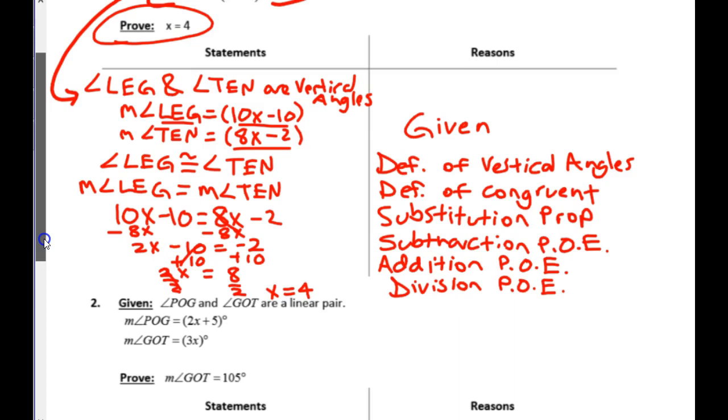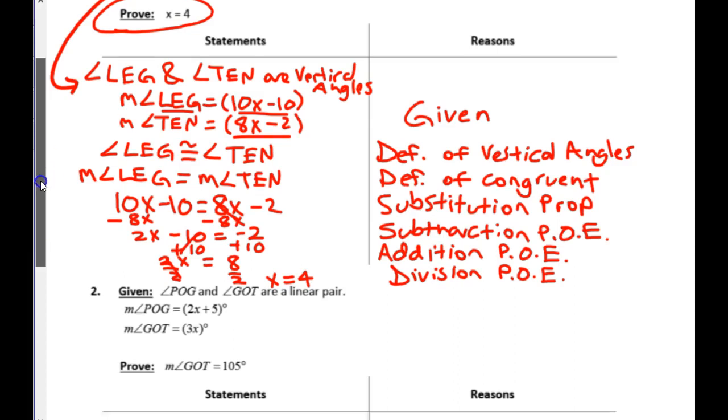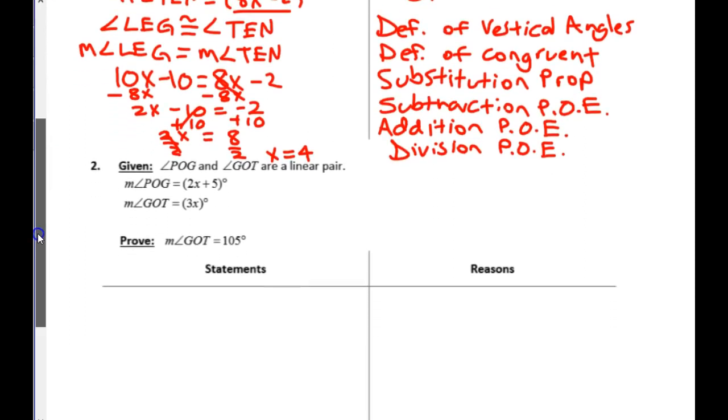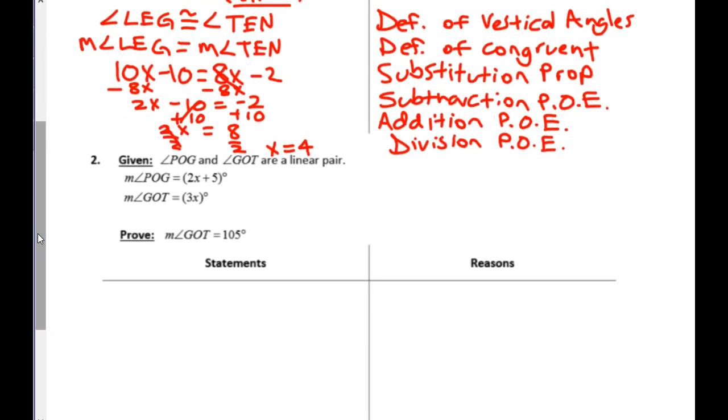Alright, so we're going to move this down to number 2. Now number 2 says angle POG and angle GOT are a linear pair, and it gives us what they are.